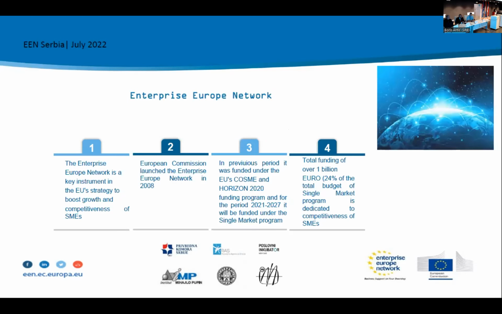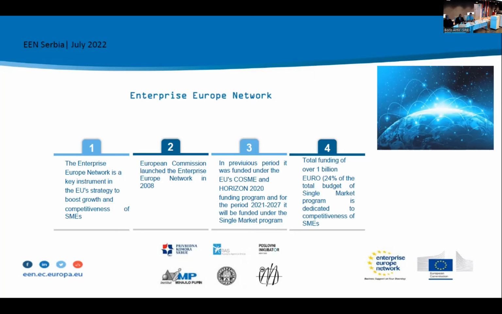Now it's functioning. So I will tell you briefly about the Enterprise Europe Network project that presents the key instrument in the EU strategy to boost growth and competitiveness of the SMEs. This project was established by the European Commission in 2008, and previously from 2014 until 2020, it was funded by the COSME program, and now it will be funded within the single market program that will be active from 2021 to 2027.